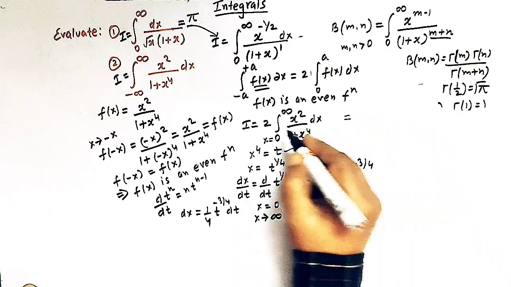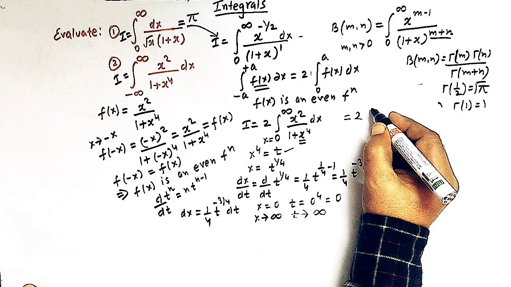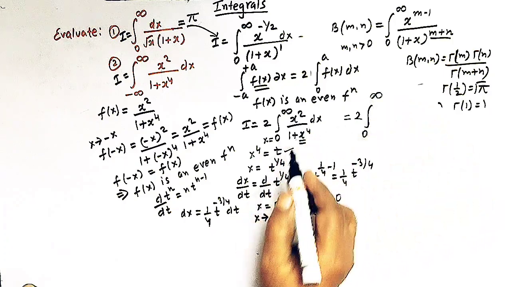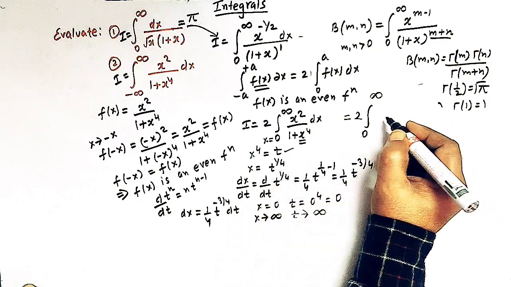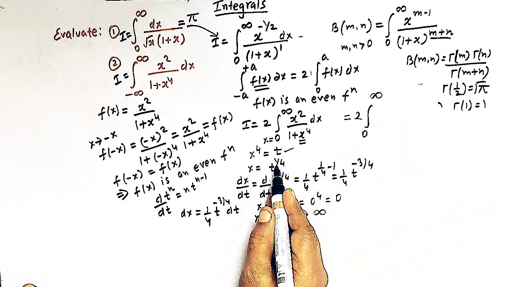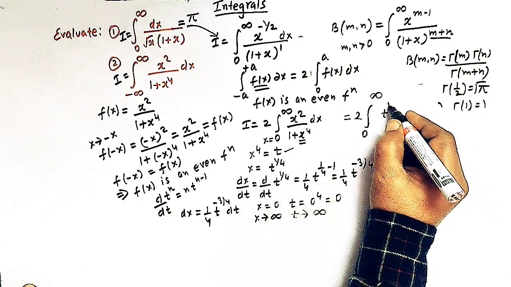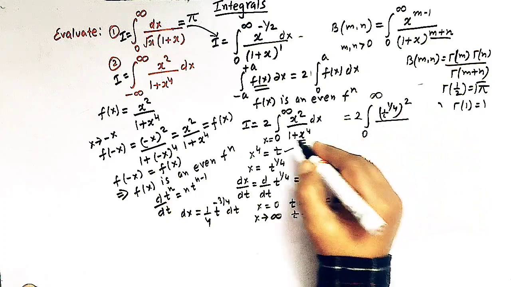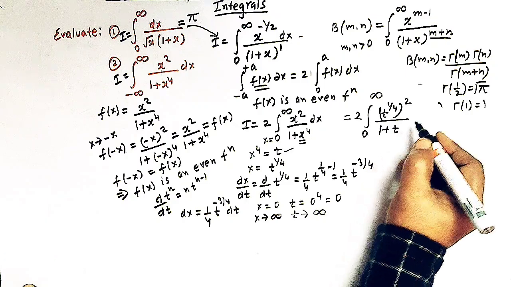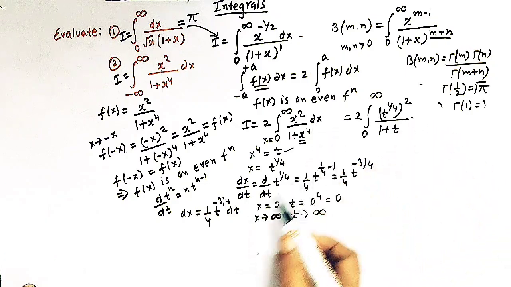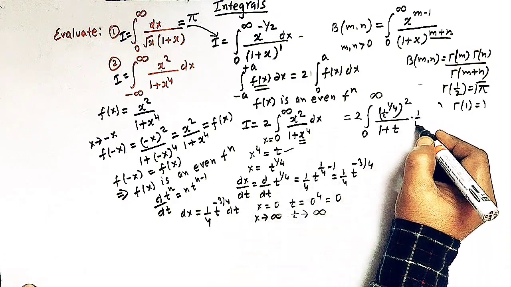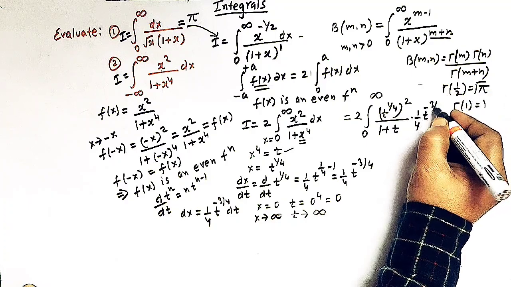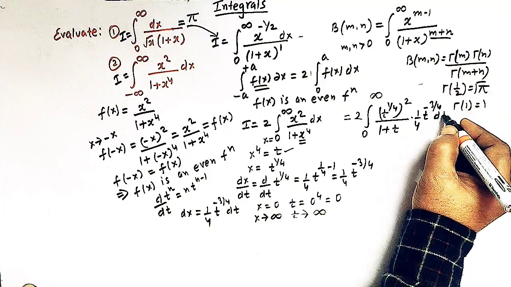So now this integral can be written as 2 times the integral from 0 to infinity, and for x square we can now write x is equal to t raised to 1 by 4. So we have t raised to 1 by 4, and then we have the square and 1 plus t, and for dx we can write 1 over 4 t raised to minus 3 by 4 and dt.